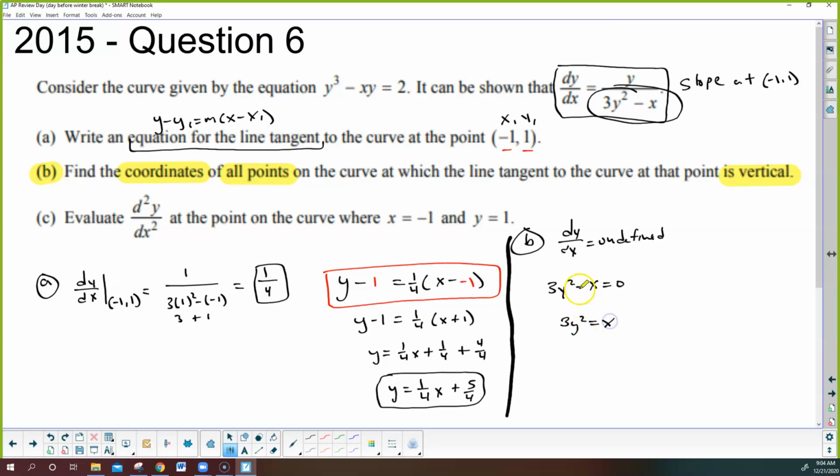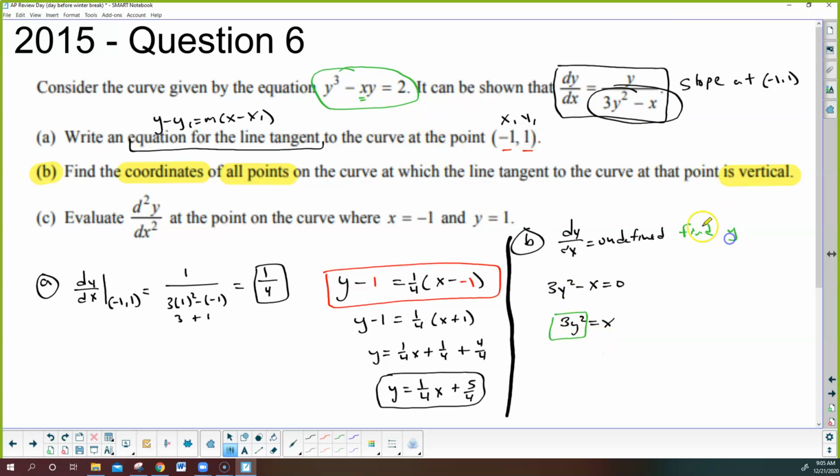We're looking for the point that makes this relationship true. So what I'm going to do is bring the x over here, and I know how x and y are related. I now want to find x or y. Well, if I go back to the original problem, and I know what x is equal to, I'm going to plug in 3y squared where there's an x.